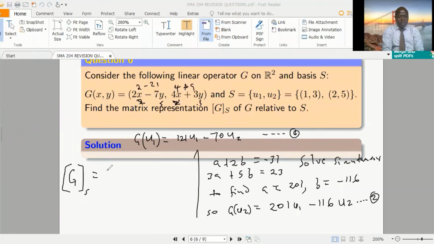So I write these coefficients in column form: 121, negative 70. And for equation 2, I had 201 and negative 116. This is what the question wanted us to get. After finding equation 1 and equation 2, I just wrote the coefficients in column form, and we've answered that question.